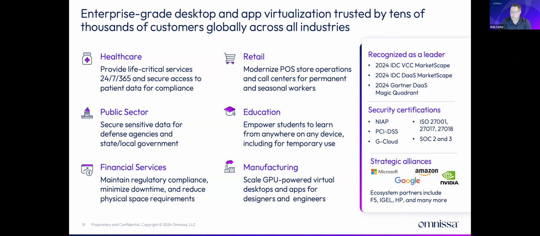We're continuing to grow out the security certifications of Horizon as we get into all the different industries and different clouds. And we continue to say that we have several strategic alliances with these cloud providers and other ecosystem partners to help get to where you need to be and get to the solution you need.